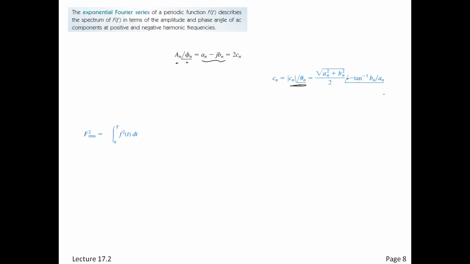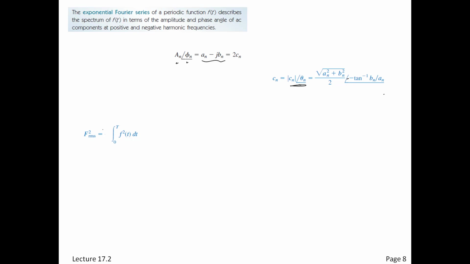Now back to RMS power. In terms of the complex coefficients, the RMS value of the periodic waveform. So now we're back doing power again, RMS power. This was our basic function. So this is the square, remember?